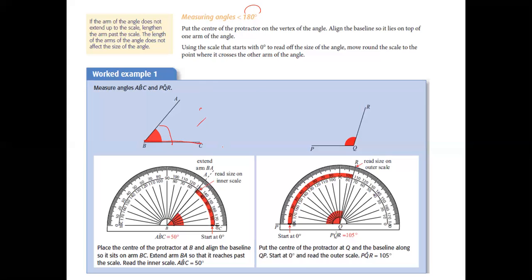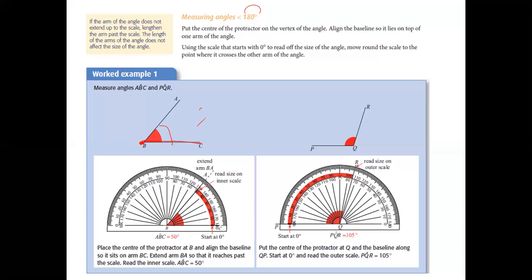So let's measure these angles. Place the center of the protractor at B and align the baseline so it's on arm BC. Please be careful to place the center of the protractor at B. So the center of the protractor must be here.